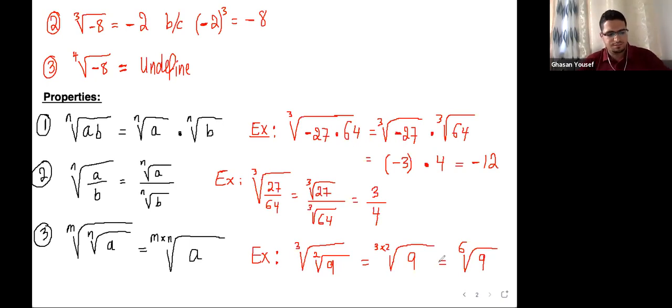And we have the last property. So I'm moving to the next slide. The last property, number 4, says if the nth root of A to the power n, I can cancel the n with the root.